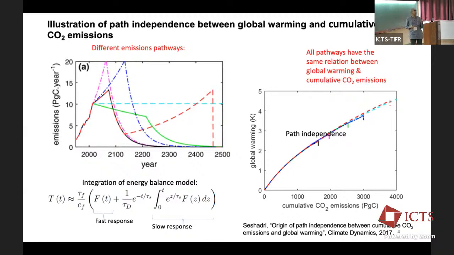The slow parameters are equally uncertain. It turns out that the coefficient of the slow response is as uncertain. So it varies between a few hundred years to a few thousand years, right? And that's because the parameters that go into estimating the inverse coefficient of the slow response are also very variable.